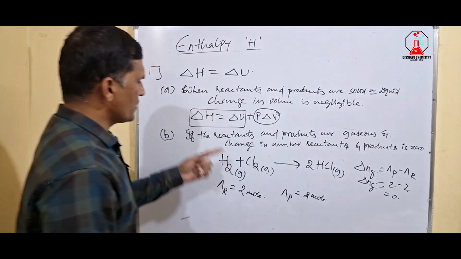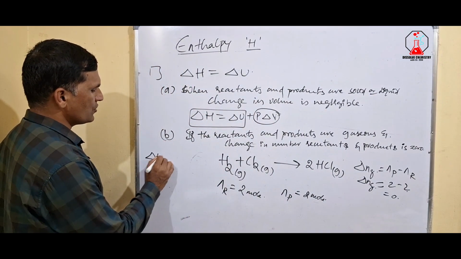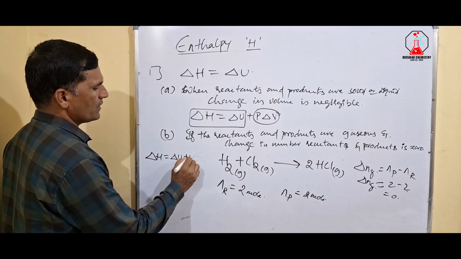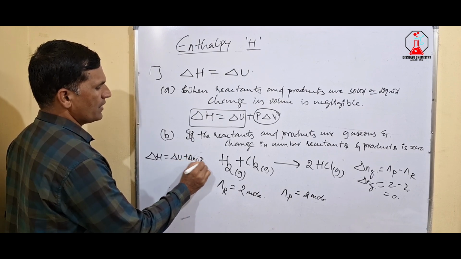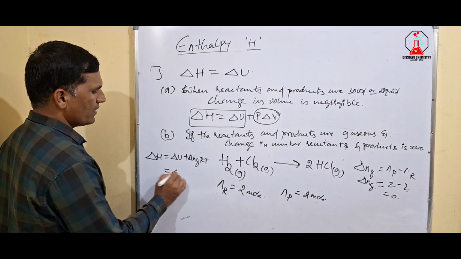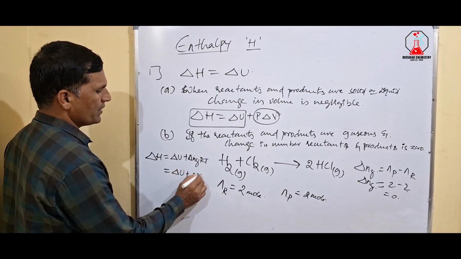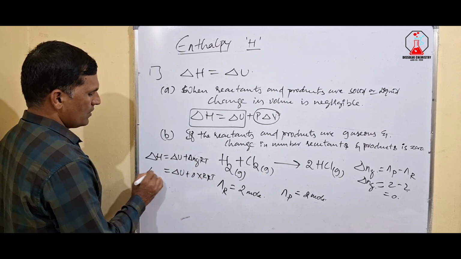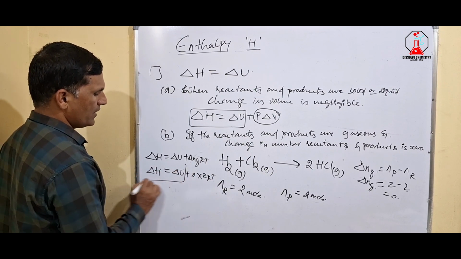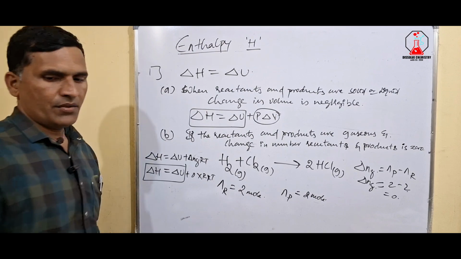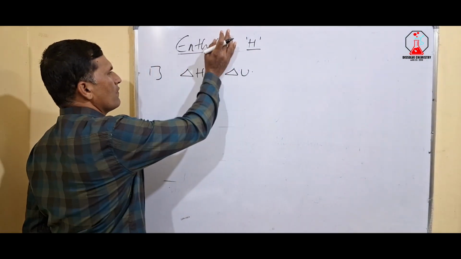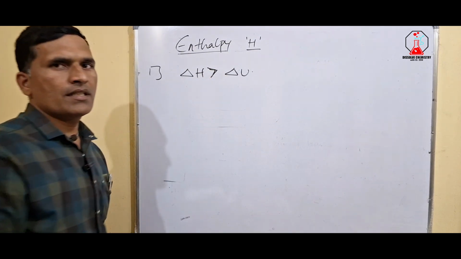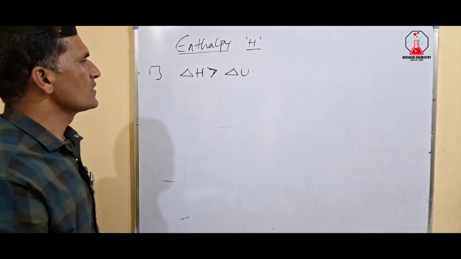So when I substitute that in the equation delta H is equal to delta U plus delta Ng RT, I will get delta U plus 0 into R into T. So delta H becomes once again equal to delta U. Now the second case we will take is when the change in enthalpy is greater than the change in internal energy.